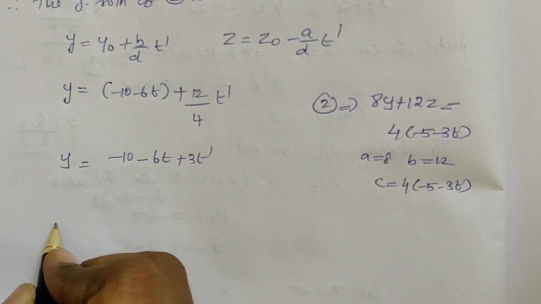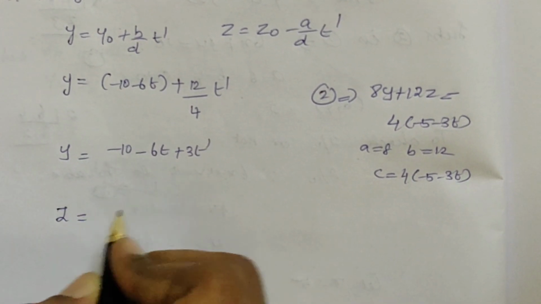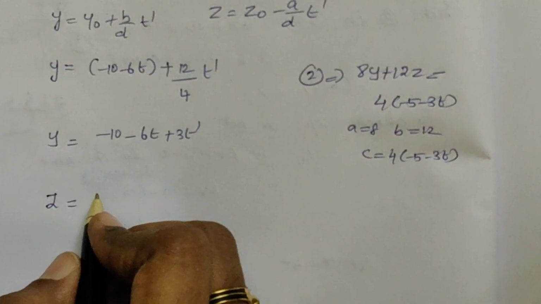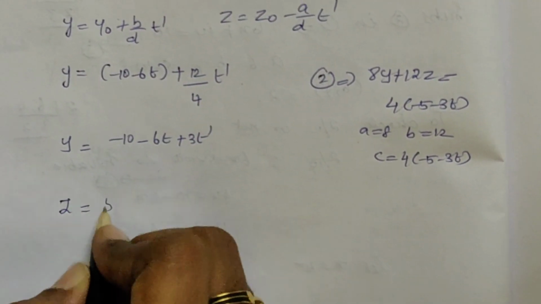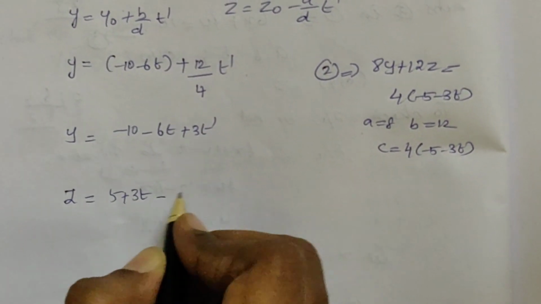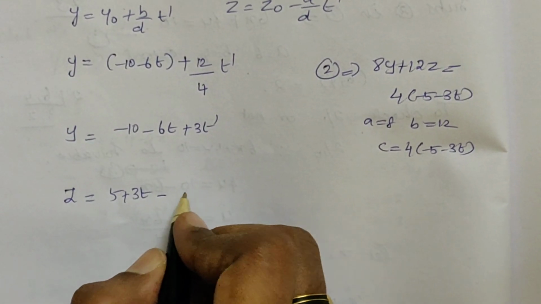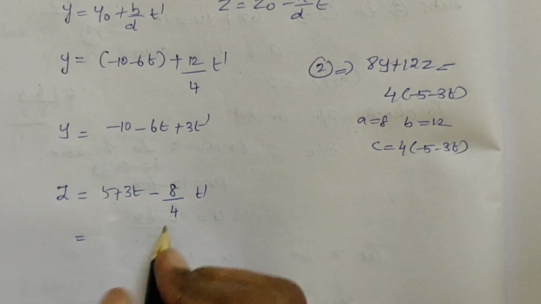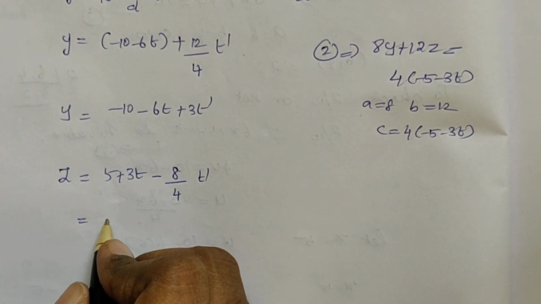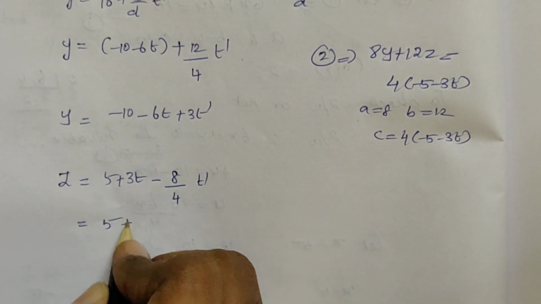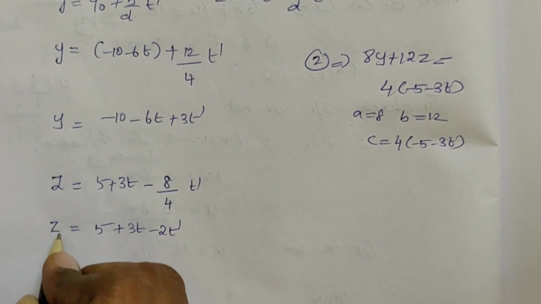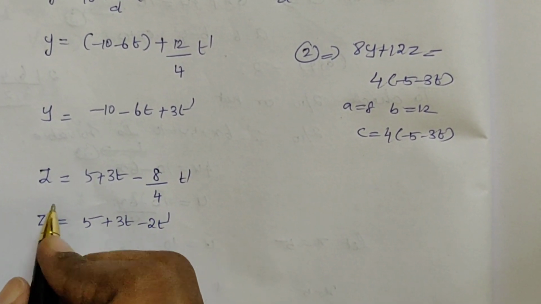Next, substituting value in z, we will get z equal to 5 plus 3t minus a, here 8, by d, 4, into t dash. So after simplifying we will get 5 plus 3t minus 2t dash as z value.